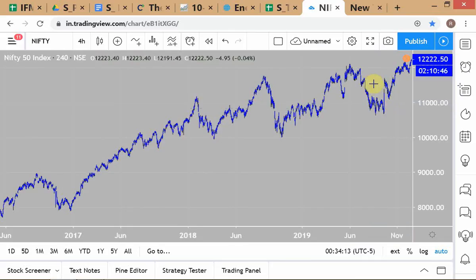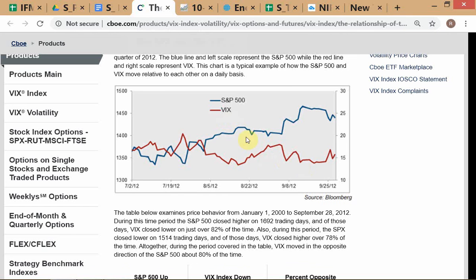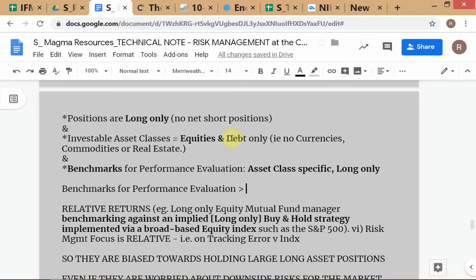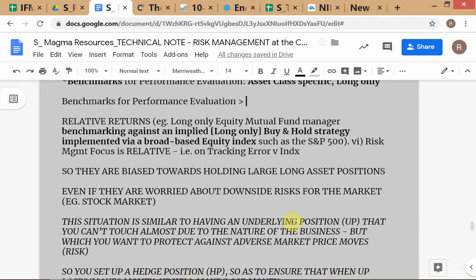You can't touch the underlying position, but still you're very worried about the stock market falling. So what you do is put on a hedge position, which in this case, as we discussed, is long puts. You can also go short futures. You can do all kinds of stuff, but we discussed the case of long puts, which applies to this situation and helps you understand this. So now you get another perspective on this idea.